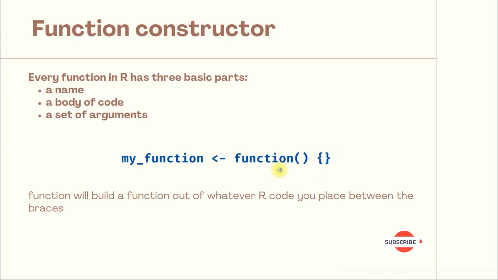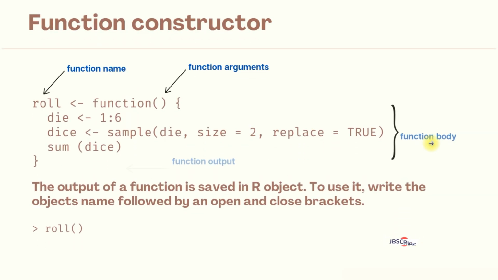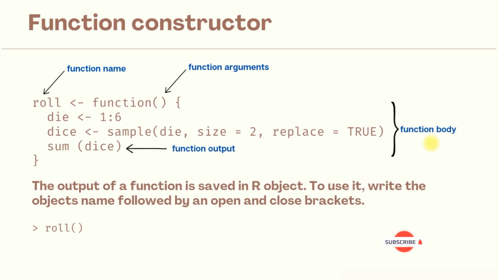Now let's see what the roll function will look like. We have the function name called roll, followed by the function construct, then the parentheses in which you can input the function arguments, followed by the braces, and within the braces you will have the function body, which is nothing but the code that you want the function to work upon.